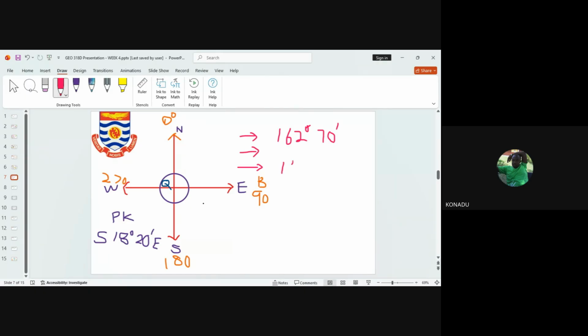161.7 degrees. So where is the 0.7 coming from? It's not a wrong format, but we've not discussed it in class yet. Sir, I considered 60 minutes equal to 1 degree, and having 20 minutes, when you divide the 20 by 60, it means you are going to get 0.3.